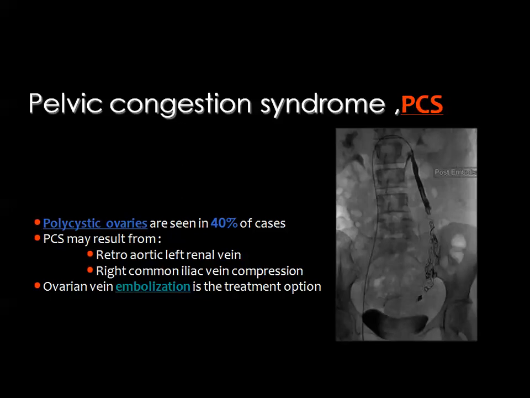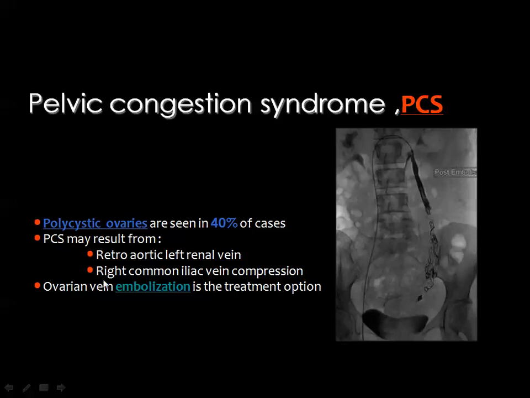And these lesions are associated with polycystic ovaries in about 40% of the cases. Then one of the leading causes is the presence of a retroaortic left renal vein, and this may hinder the flow through the vein, leading to retrograde flow in the ovarian vein.